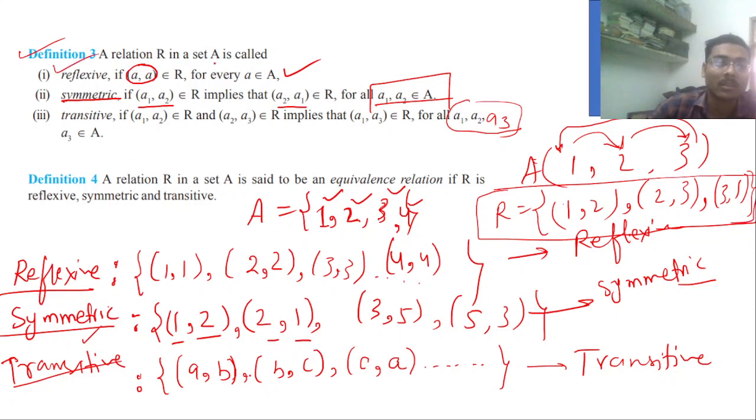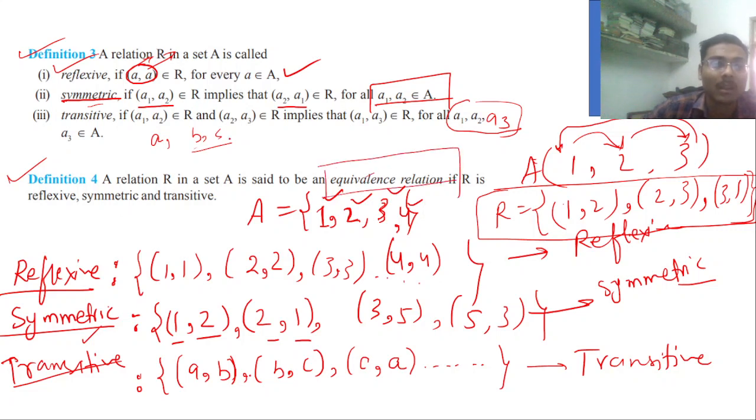So you learned about reflexive, if the same element is in the relation. Symmetric, if the transpose elements are there, 1 2 and 2 1. And you learned about transitive, which deals with 3 elements a b c. The fourth definition tells about the equivalence relation.